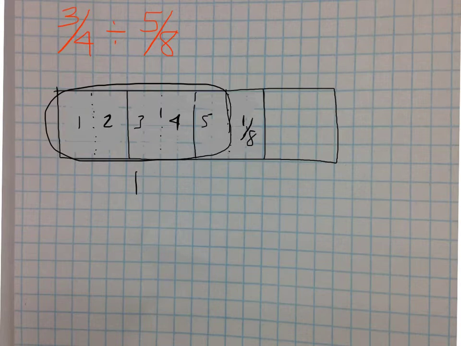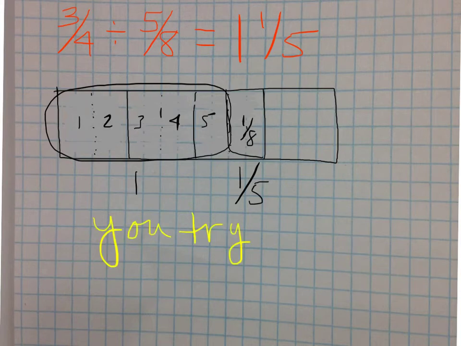I need 5/8 to make a group, and I only have one of them here. So I have 1 out of 5. That's 1/5. So the quotient of 3/4 divided by 5/8 is 1 and 1/5. I can make one whole group of 5/8 and one fifth of another group.